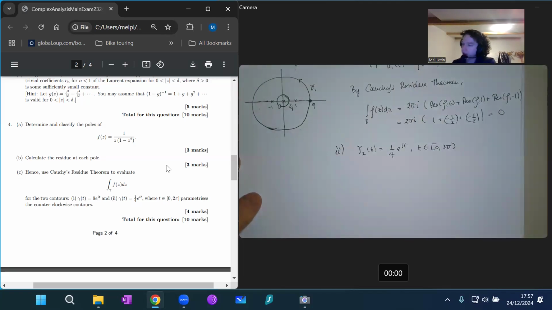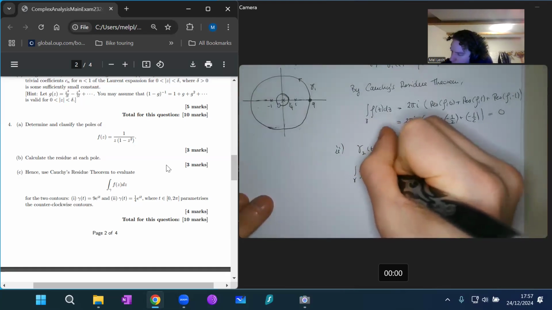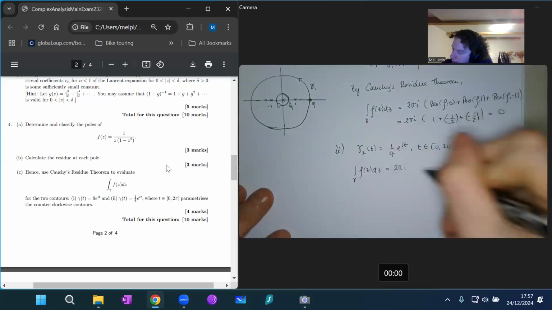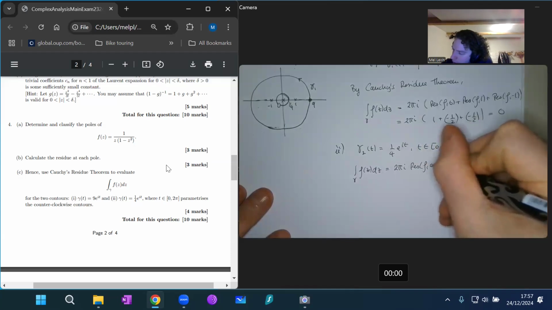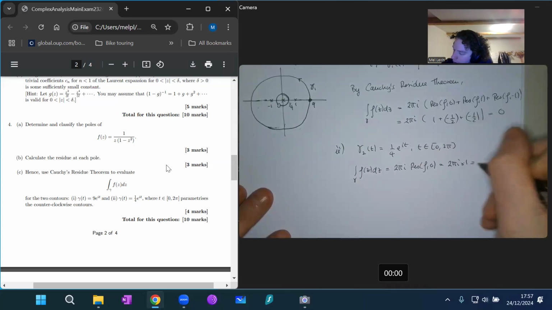This one only contains the singularity 0. So it's 2 pi i times simply the residue of f at 0, which is 1. So it's 2 pi i.